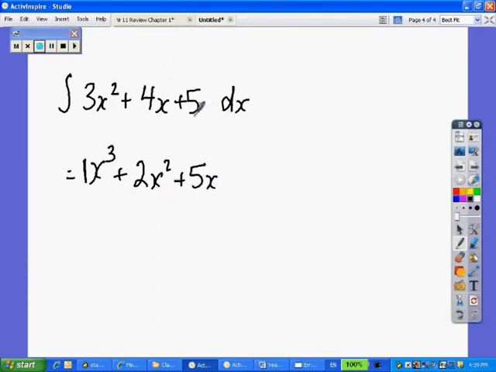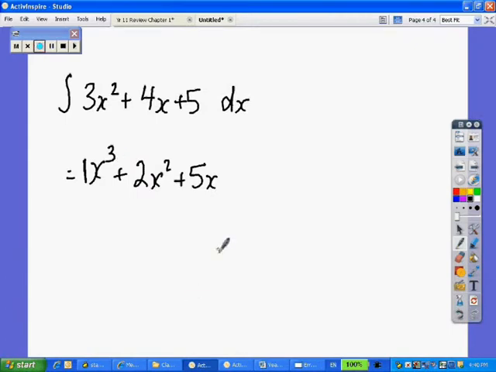In this case, I don't have an x at all, so n plus 1 is going to be at least 1, so that's where that x is. Okay?